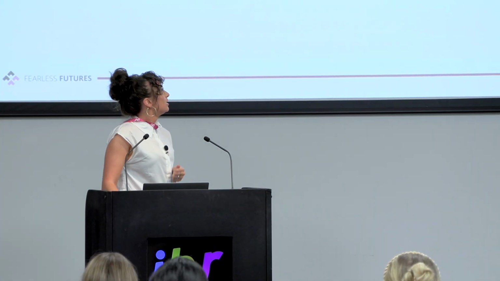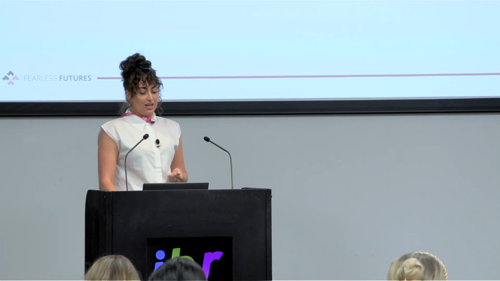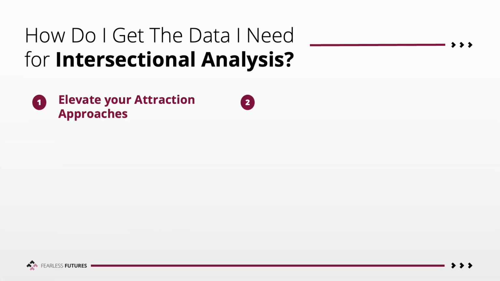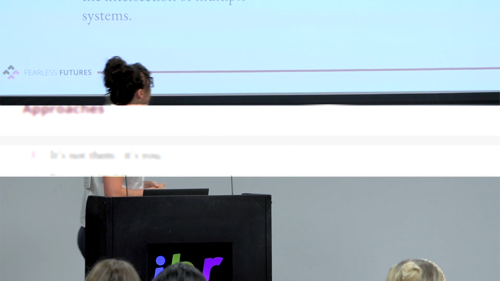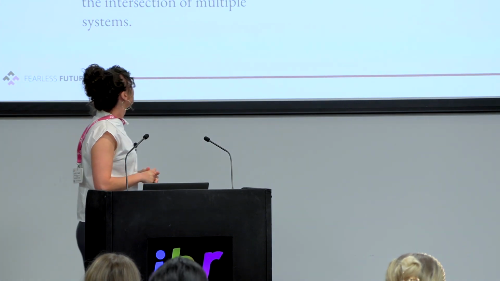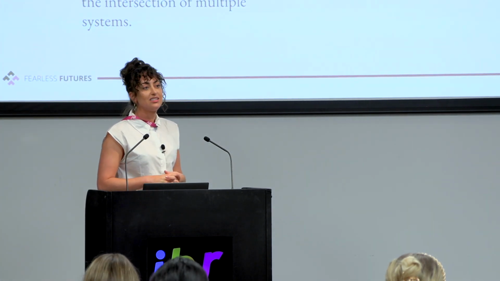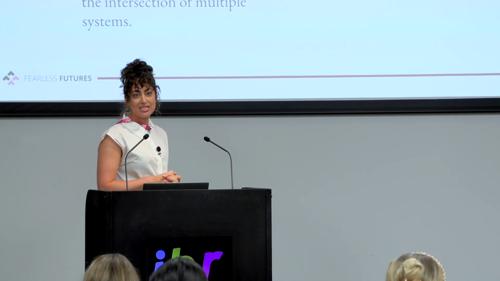But if certain people are missing in your data, how do you get the data that you need to start putting intersectionality into action? The first thing I would say is look at your attraction approaches. I'm sorry to say that if your pipeline is really not diverse at all, the problem is probably you and not them, by which I mean that we know that talented individuals of all marginalized identities exist.